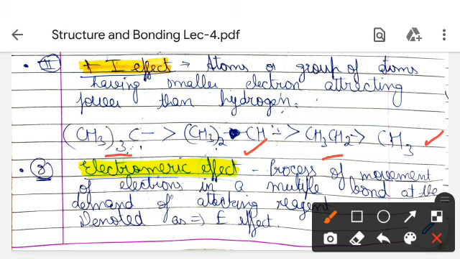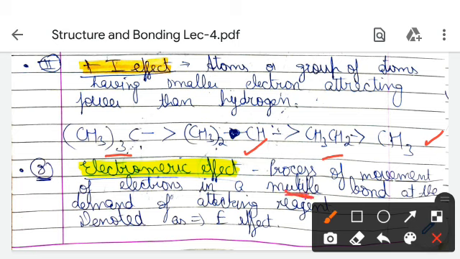And next is electromagnetic effect. Electromagnetic effect is a process which involves the movement of pi electrons. Earlier we have done inductive effect. In inductive effect, only sigma electrons move. Sigma electrons move means it involves single bond, but in electromagnetic effect it involves the movement of pi electrons, and it will be only in multiple bonds.